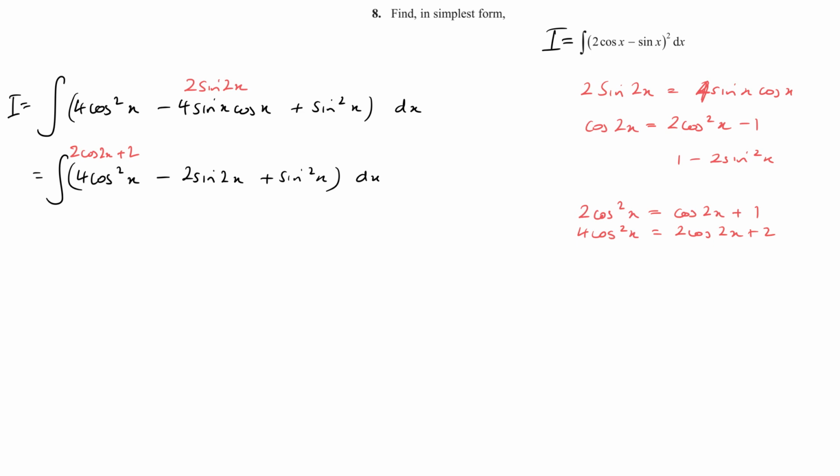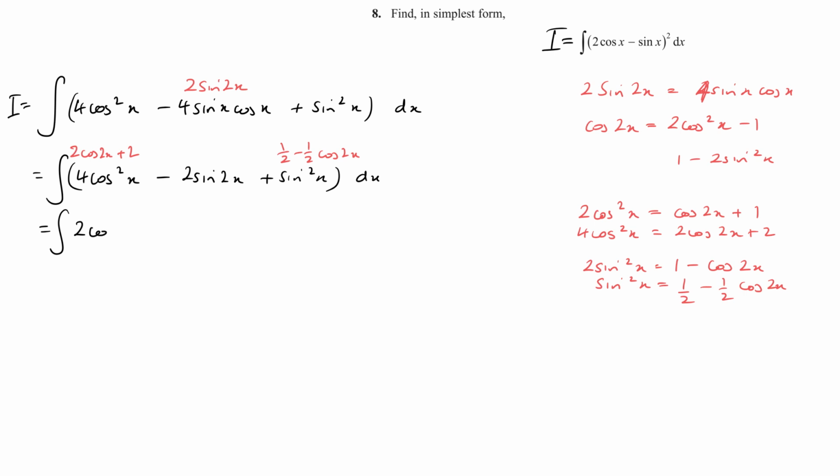Then when I look at the sine, 2 sine squared x is equal to 1 minus cos 2x, and dividing by 2, it's a half minus a half cos 2x. So let's put that nice and neat now.